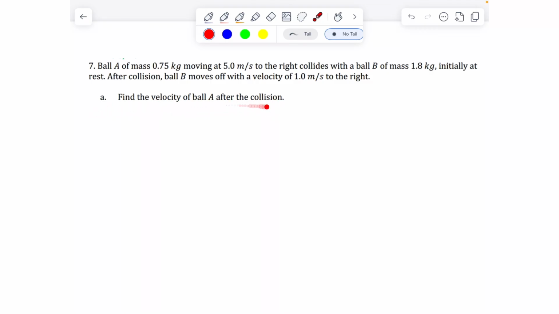So once again, this is related to conservation of momentum, and the conservation of momentum can actually be summarized in this formula, which is mass of object 1 times the initial velocity of object 1 plus mass of object 2 times the initial velocity of object 2 is equal to mass of object 1 times the velocity final of object 1 plus mass of object 2 multiplied by the final velocity of object 2.